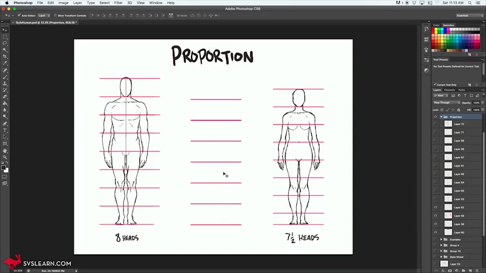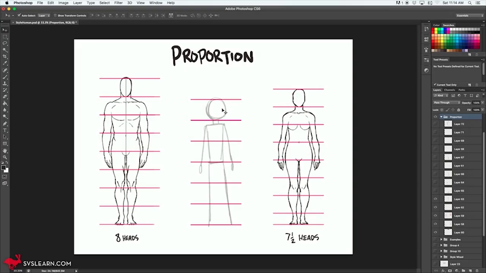Let's see what happens when we make their head bigger and make their body smaller, and where's that sweet spot. What I have here is 1, 2, 3, 4, 5, 6 heads, and this is what a 6-headed character looks like. You can see here the head's a little bit bigger. I've specifically made these characters gender neutral because this applies whether you're doing a female character or a male character.